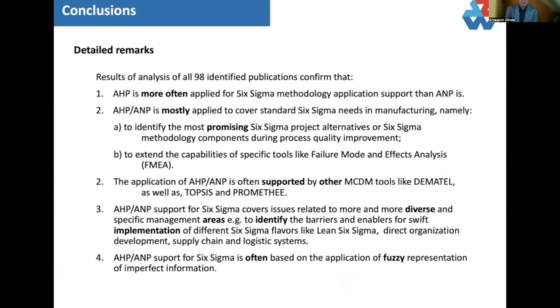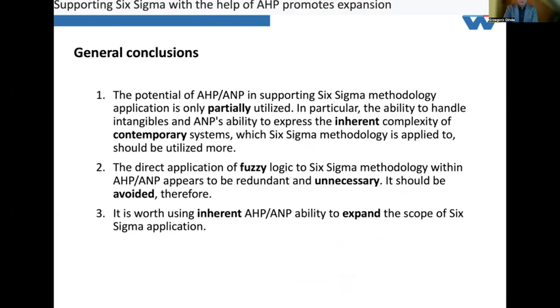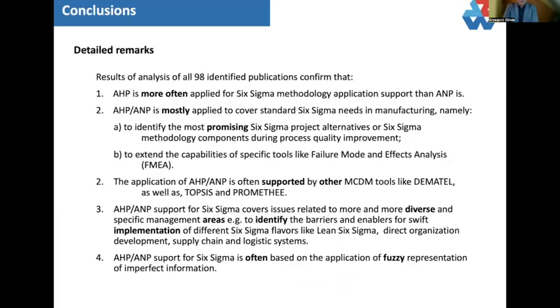Okay, so let's go to the conclusion. So, general conclusions. We can see at first that there are some drawbacks of AHP-ANP application. For example, the overkill of using fuzzy rating scales.